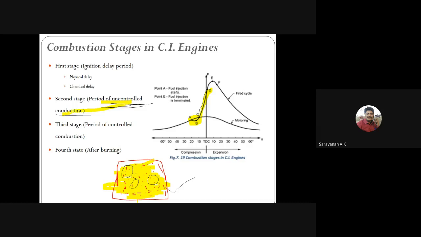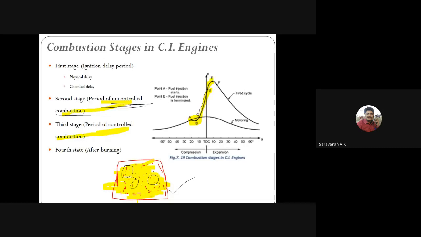While the fuel is sprayed from the nozzle, it burns. That period is called the controlled combustion. There also we have some increase in pressure and temperature.